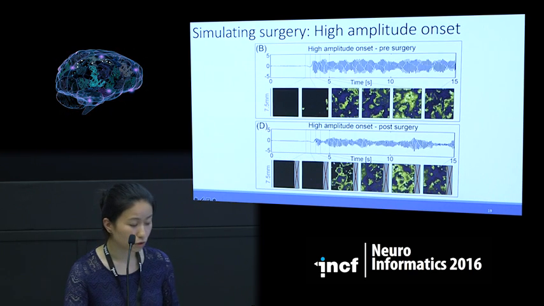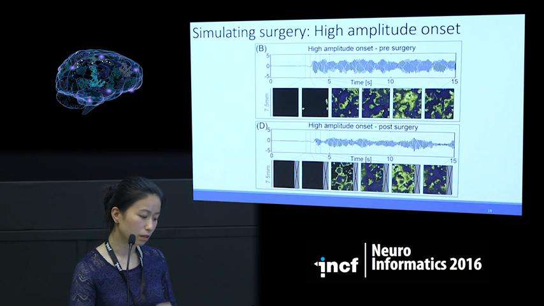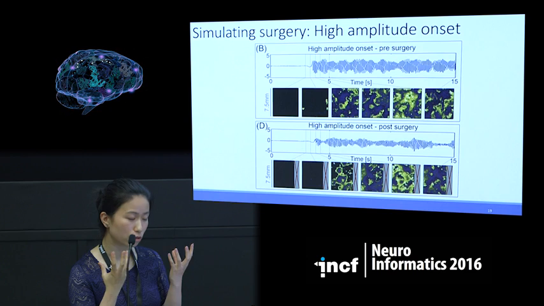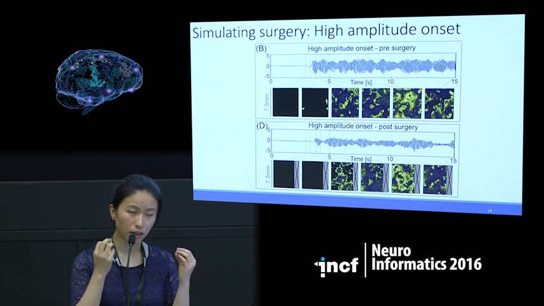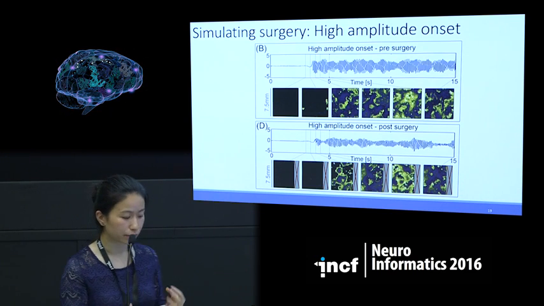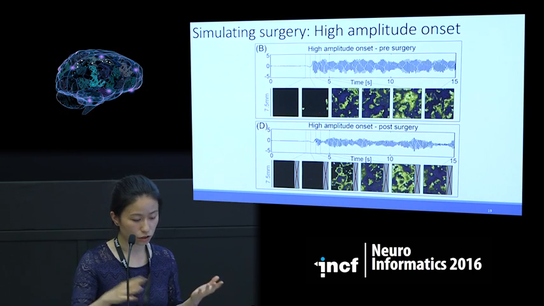But in the high amplitude onset pattern, from the model we predict that the surrounding tissue is already probably impaired, has a higher excitability level and probably a coexisting seizure state already.